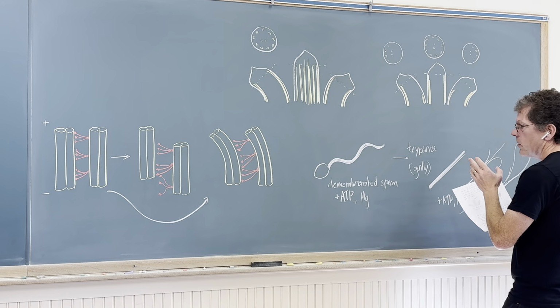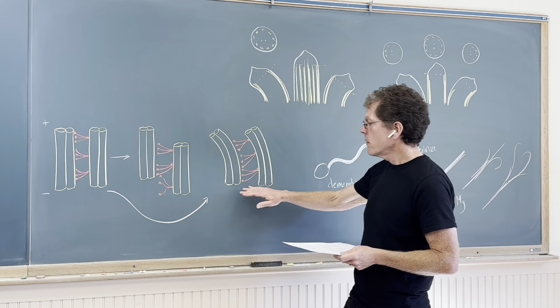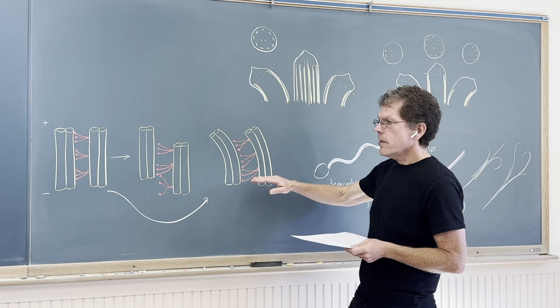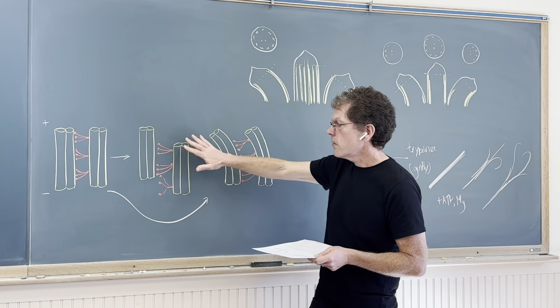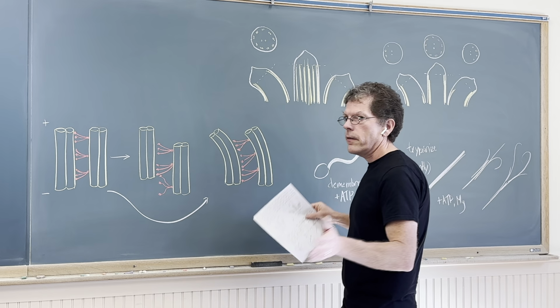In the absence of the crosslinks that force the axoneme to bend, they'll do exactly this. They'll just slide past each other until the axoneme falls apart.